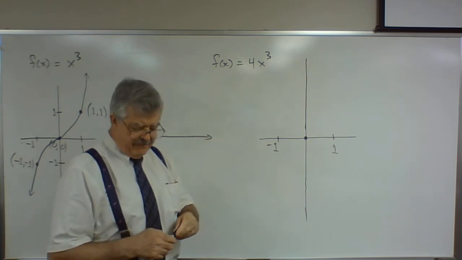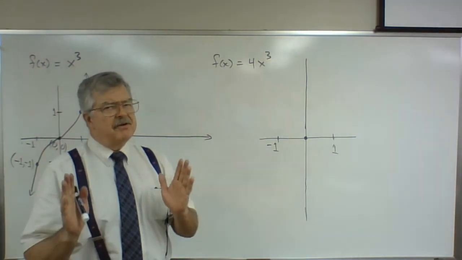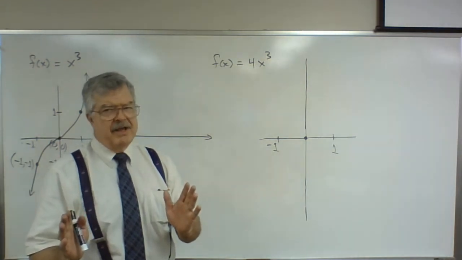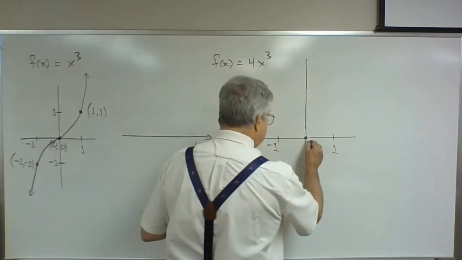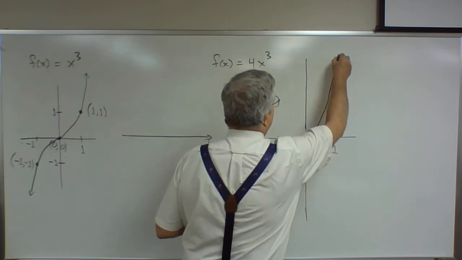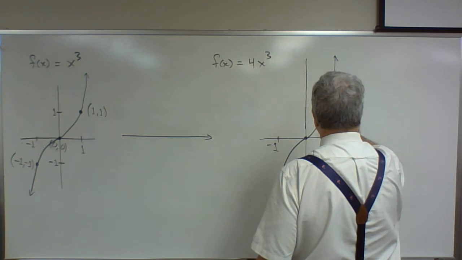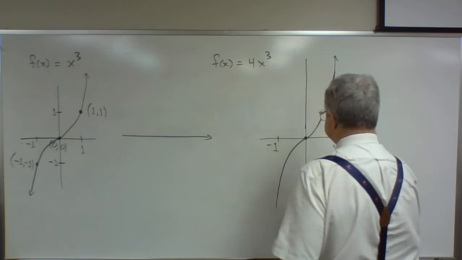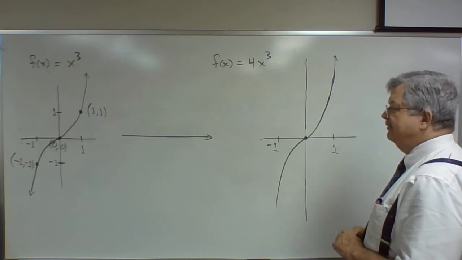With this kind of a variation or an alteration, the shape of the graph is not going to change, just the vertical scale. So the graph is still going to look like this. Now we plot some points.